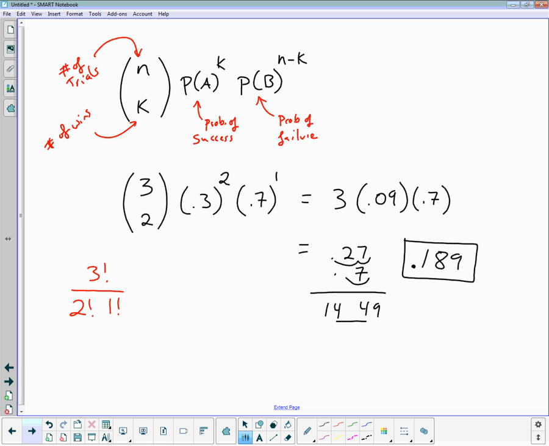I think the statistics probability. Let's see. Yeah, 5.6 binomial distribution. Thank you. Yeah, it's in the formula book on 5.6.